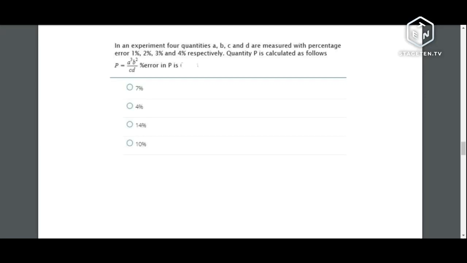Anyone who can answer this? Please say yes if you can answer this. Otherwise, I will tell you the answer.